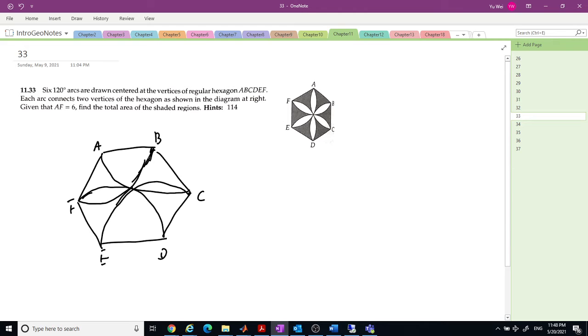Okay, so then we have this shape, right?